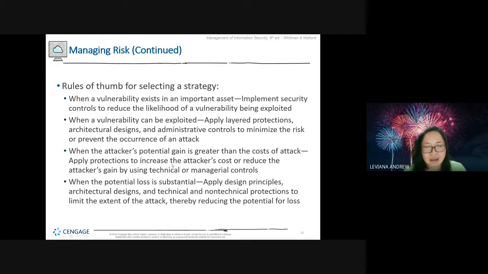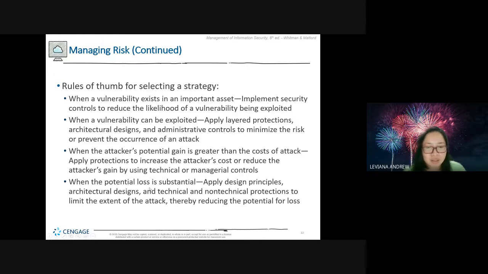So apply a firewall, apply any protection to make it more difficult for the attacker to gain control of the system.